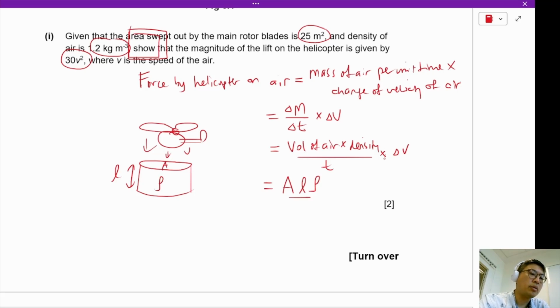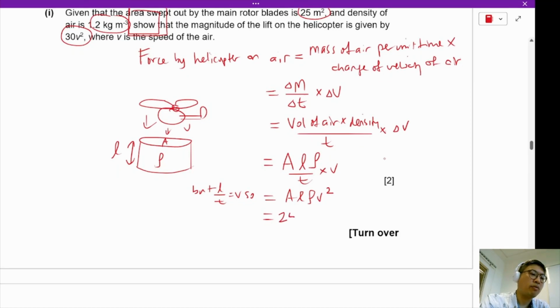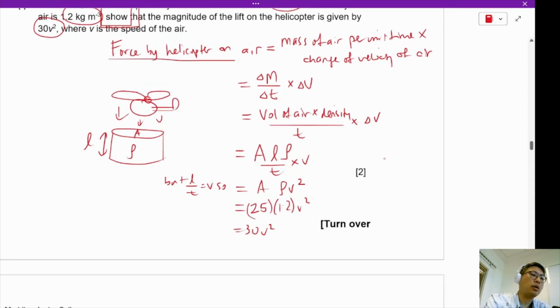A L rho over T multiplied by V. But L over T is equal to V. So A rho V squared. Substituting the values, we get 25 times 1.2 V squared, which is 30 V squared. Now, this is the force by the helicopter on the air.